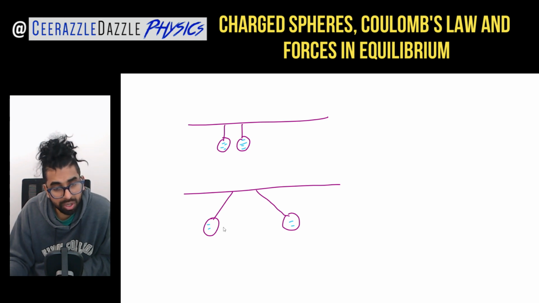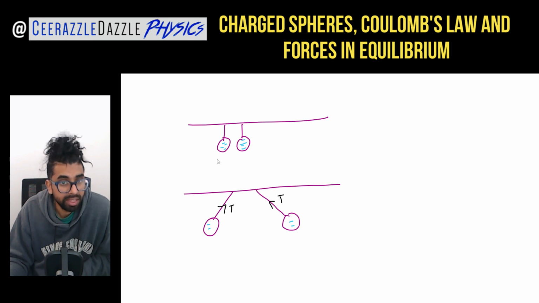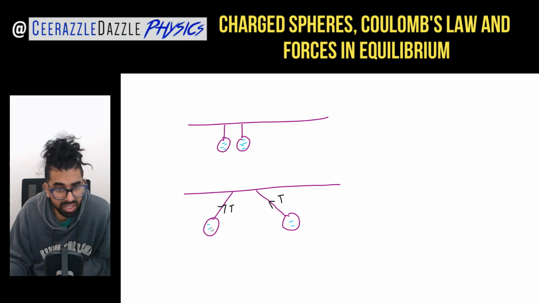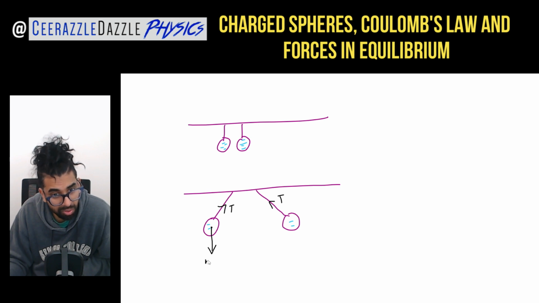Hopefully you can see that we're going to incorporate Coulomb's law into this problem. First of all, recognize that the two balloons each have a tension going along the string. The balloons themselves, or you can talk about them as charged spheres, have the mass of the balloon times gravity, so the weight mg acts on each one.